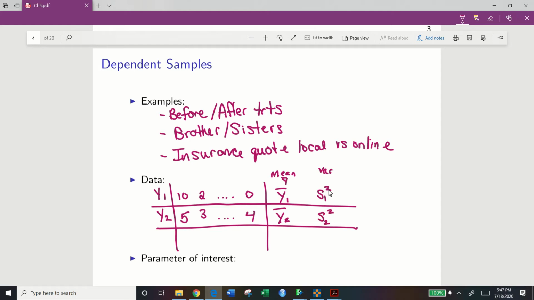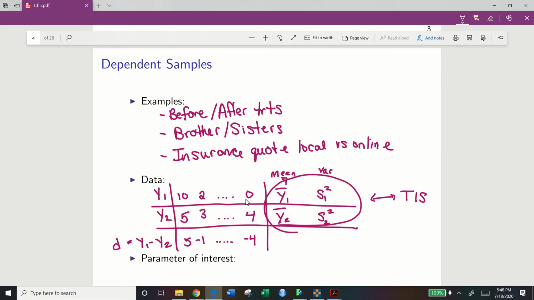Now when we're doing two independent samples, this piece of information here is what we focus on. But when we're doing dependent samples, we care about the difference. That is y1 minus y2. So instead of focusing on these two individual samples, we focus on the difference at every single level. So in other words, if I were to subtract, say 10 minus 5, that's 5, 1 minus 3 is negative 1. We'd keep doing the differences. 0 minus 4 is negative 4.